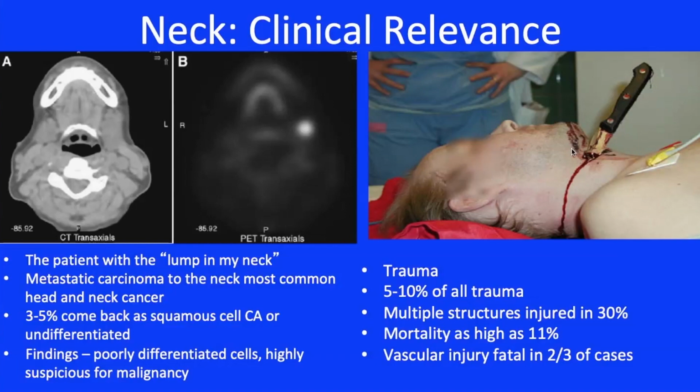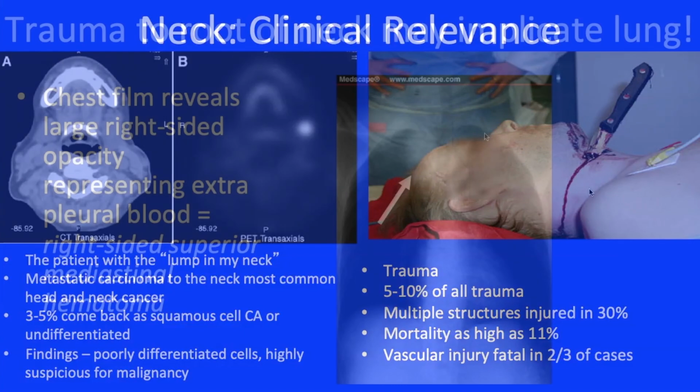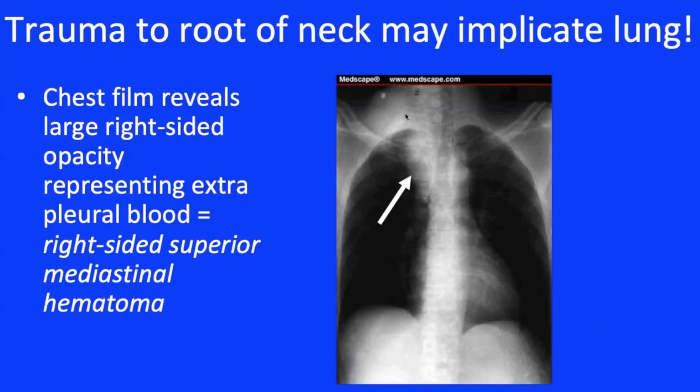in the neck. Trauma to the neck is not rare and represents 5 to 10% of all trauma. But as we will learn, multiple structures can be injured, and mortality as high as 11% has been reported. Specifically, if the trauma is to the root of the neck. Remember, the pleura and lung reach the root of the neck.